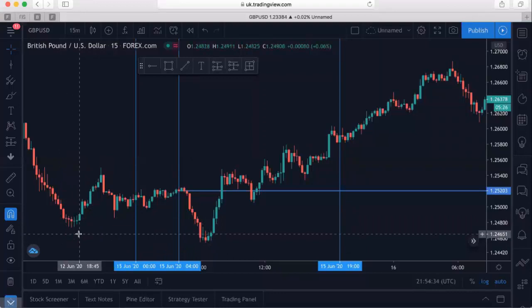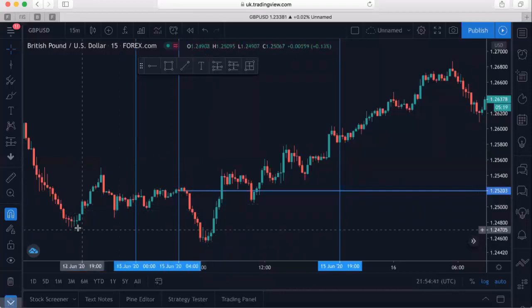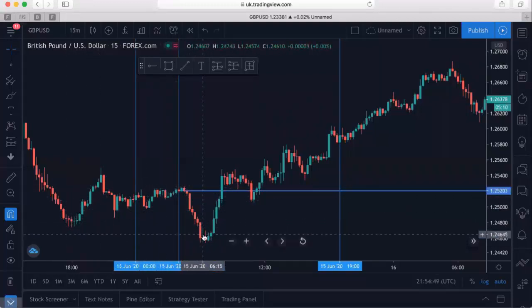So what they're trying to do is accumulate longs. The best way that they can do that is to purge buy stops. So there are going to be buy stops resting below this old low. Once the liquidity is purged, this movement here is manipulation.